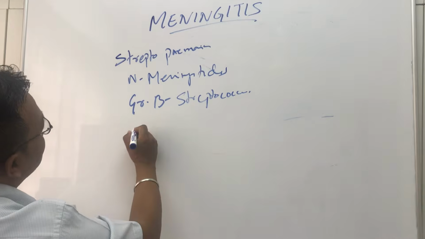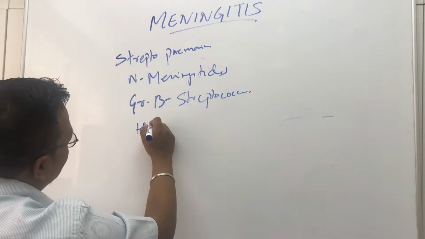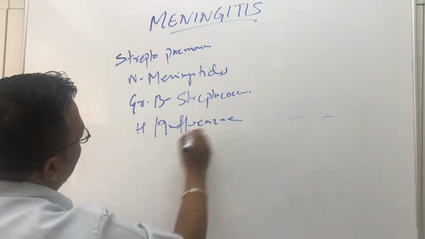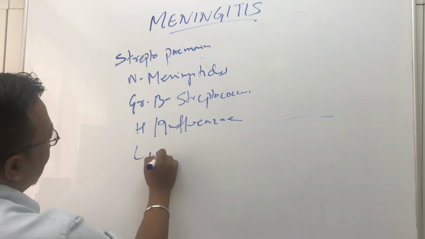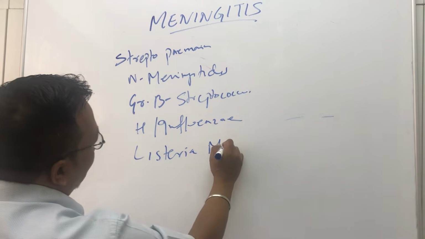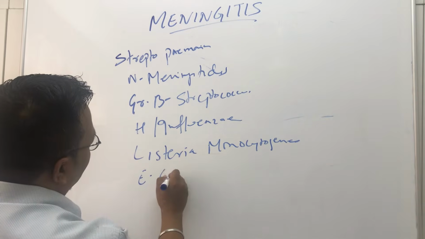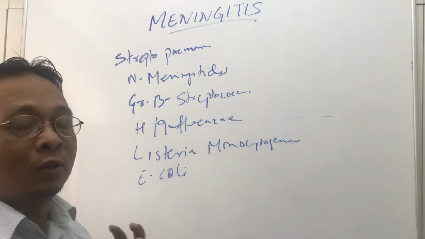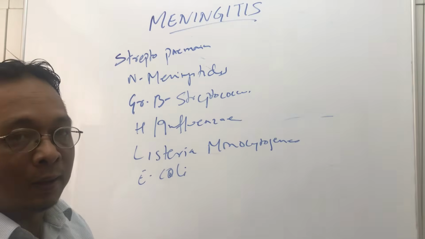Fourth is Haemophilus influenzae. And another is Listeria monocytogenes. Plus don't forget E. coli. These are the few bacteria which are common in causing bacterial meningitis, but they all differ in age groups.